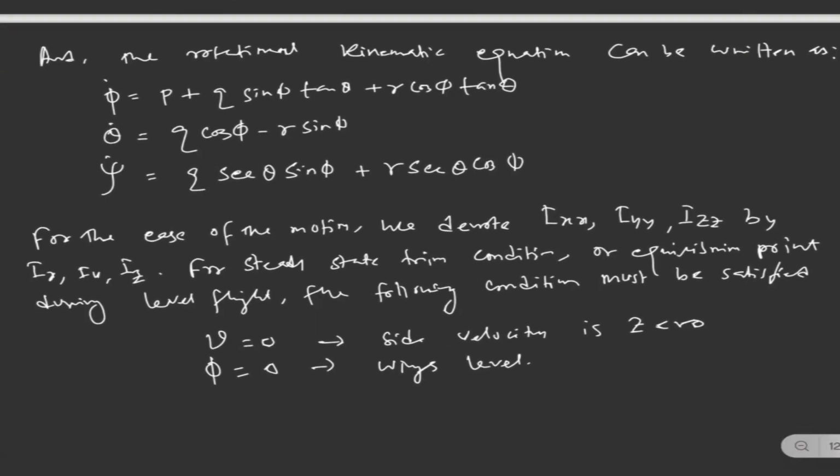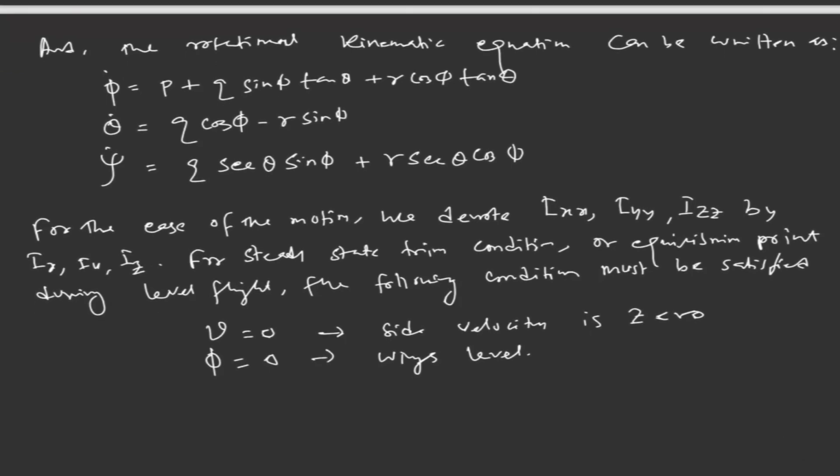And P, Q, and R equal to 0, so we are assuming zero angular velocity. These are the conditions to be satisfied for trim or steady level flight.